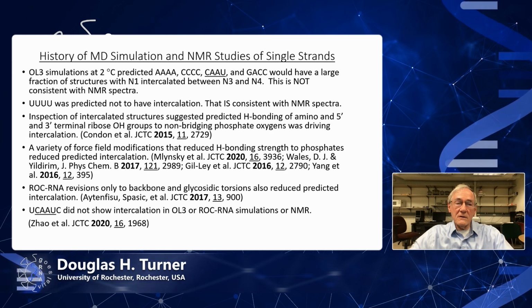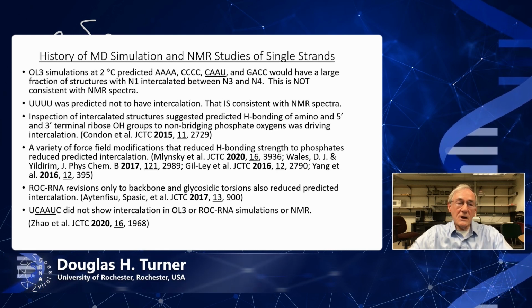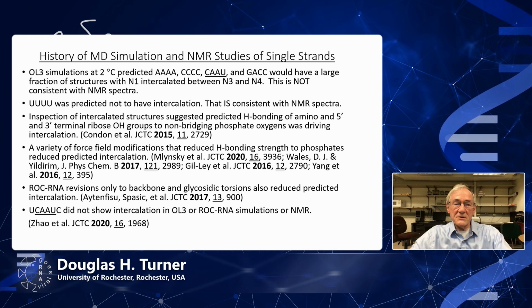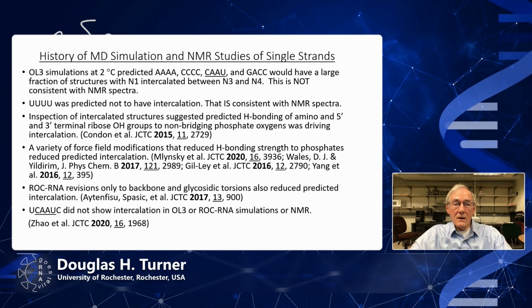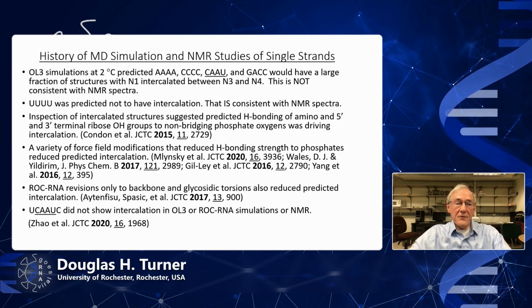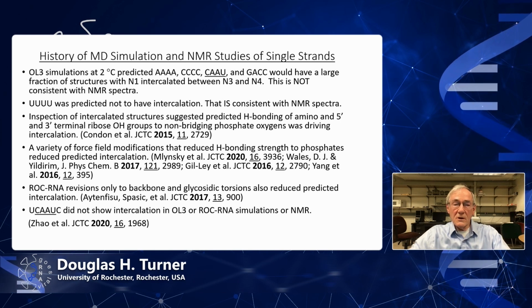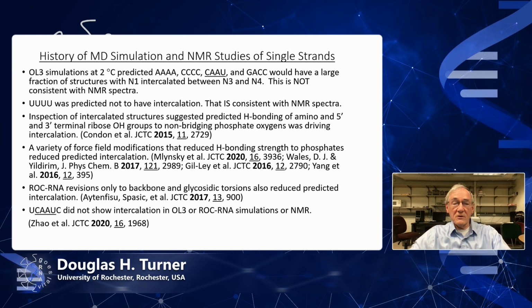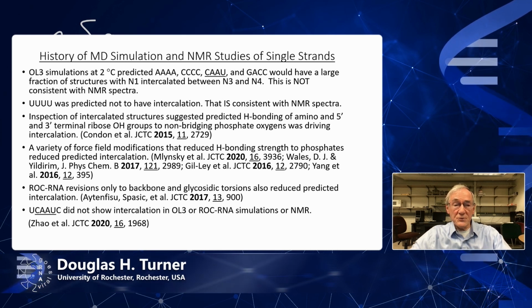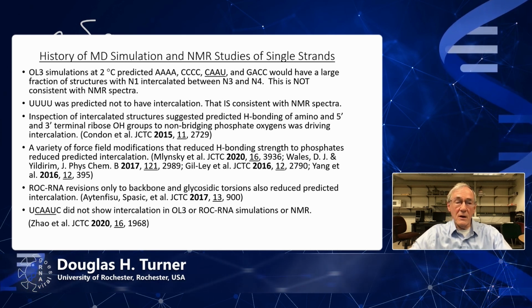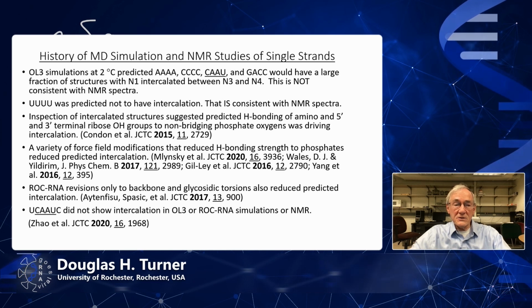If you added to that tetramer a U on the 5' side and a C on the 3' side to make a hexamer, then the force fields did not predict intercalation anymore. So just by moving the terminal hydroxyl groups away from the CAAU part of the molecule, you got rid of the intercalation.